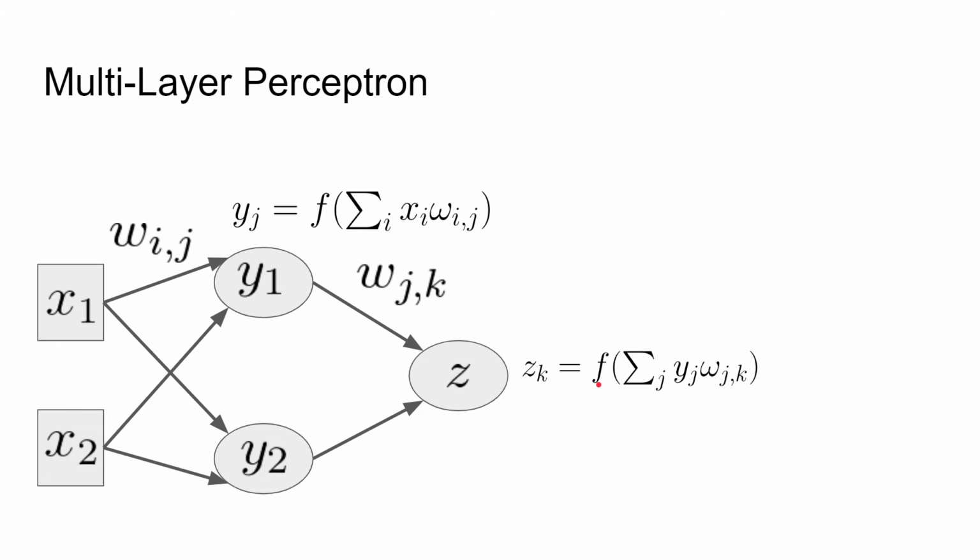In the original perceptron, that function would be whether the value is greater or less than theta, that bias parameter. But we'll talk about all sorts of different functions in the next lecture. For now, it's just some function. It's also tradition to apply a function on the input.